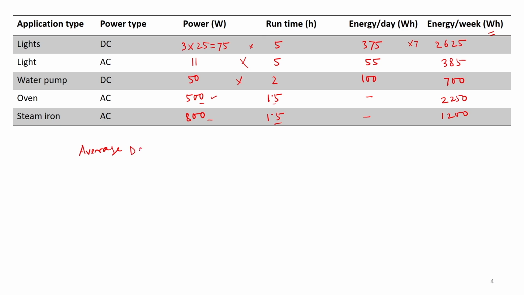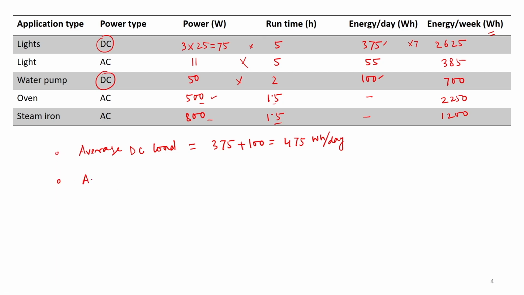Average DC load: this is DC and this is DC, so it is 375 plus 100, which is 475 watt hour per day.